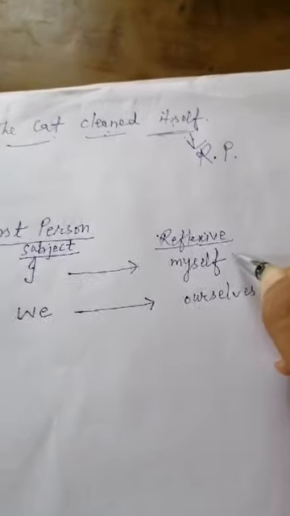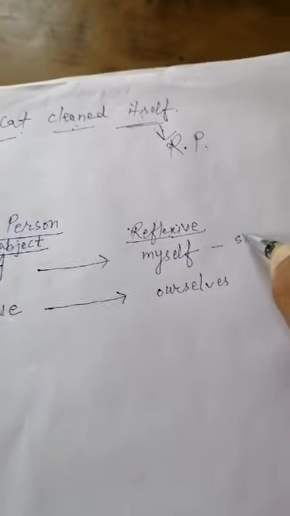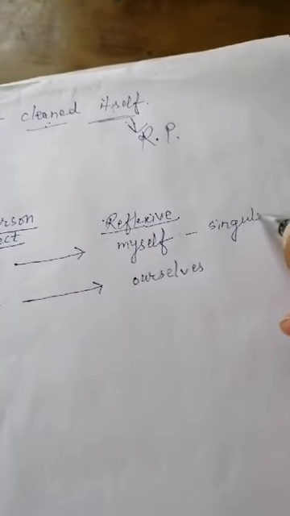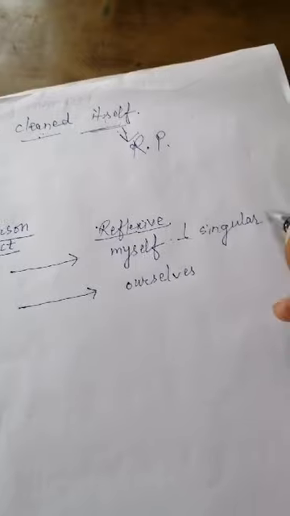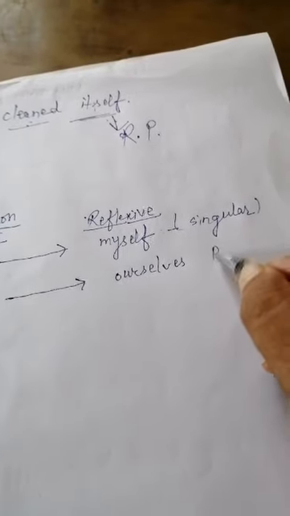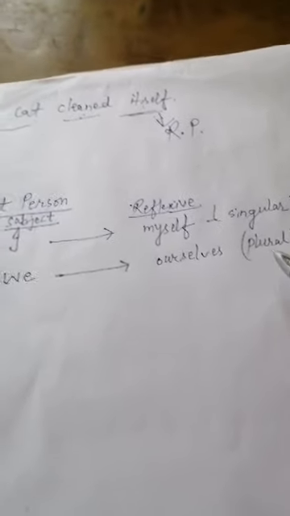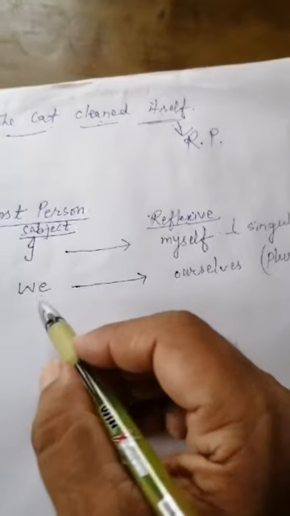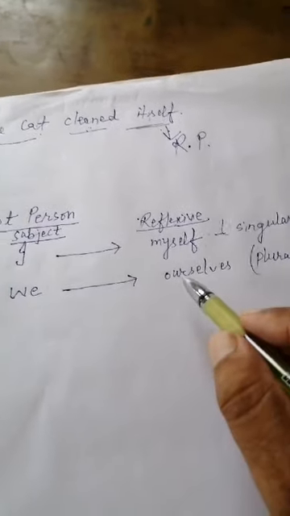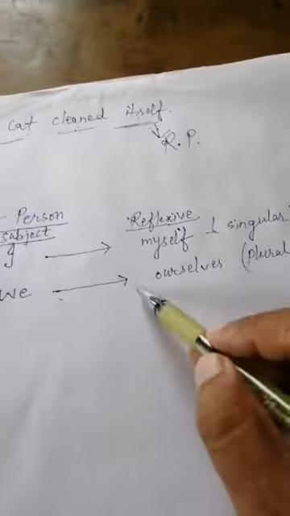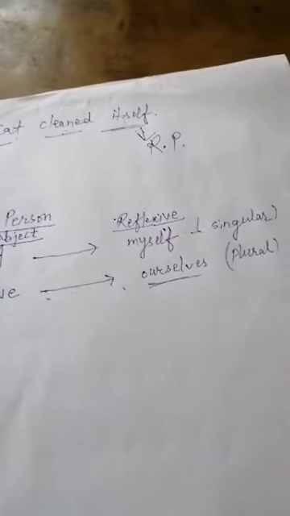I is a singular one, and we is your plural form. So the reflexive form of we is ourselves, and we is your plural form. You know that very well.